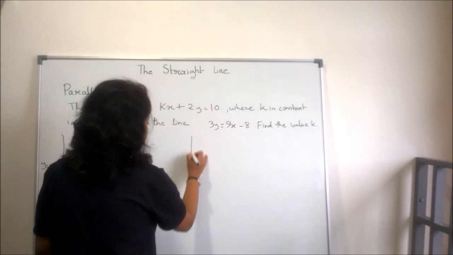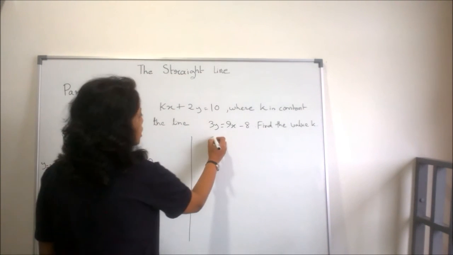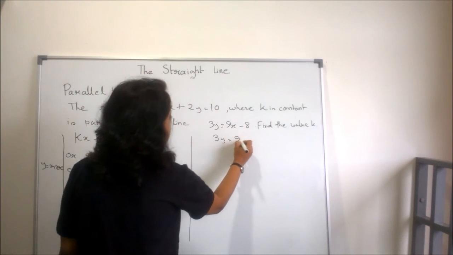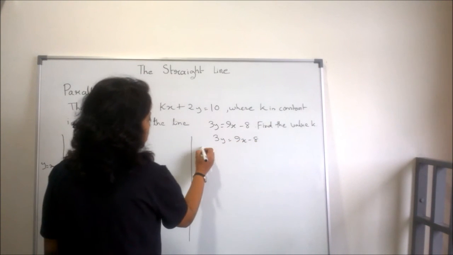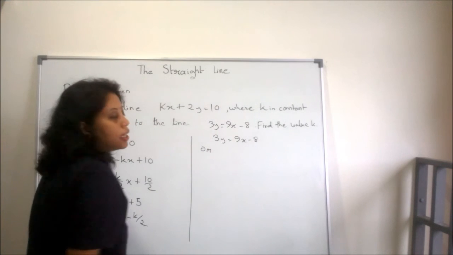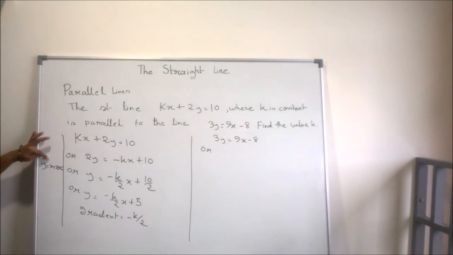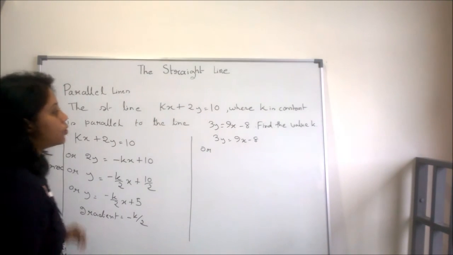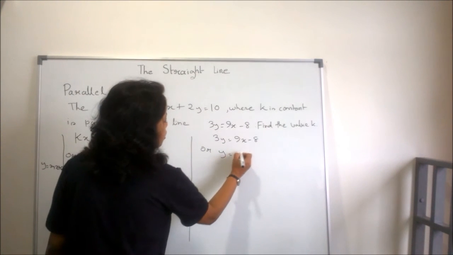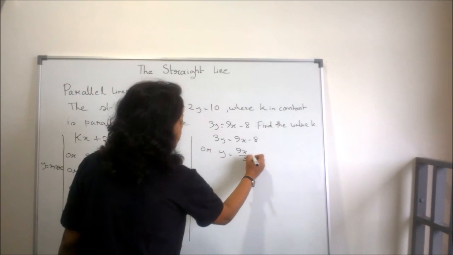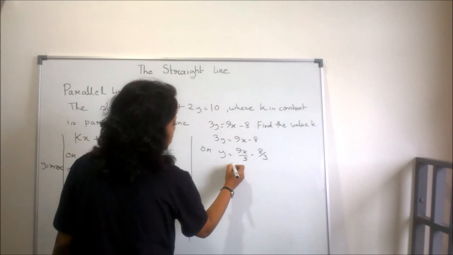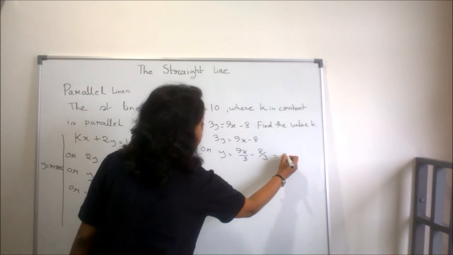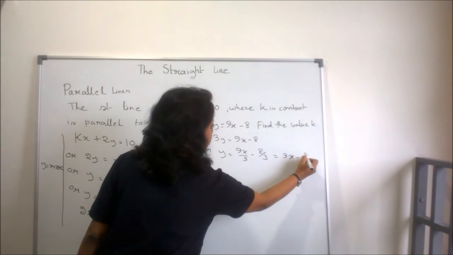Now the second equation. The second equation is 3y is equal to 9x minus 8. So here also we will write it in the general form of the straight line. We divide both sides by 3. So y is equal to 9x by 3 minus 8 by 3. So this becomes 3x minus 8 by 3.